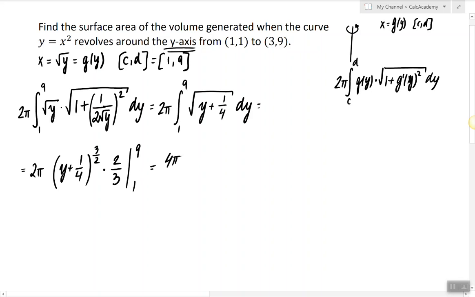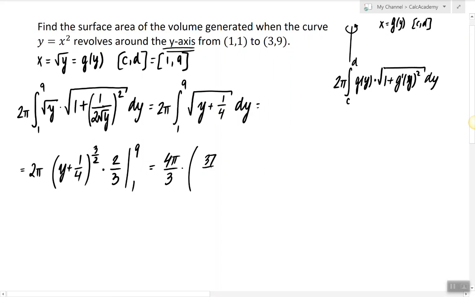So we have 4 pi over 3 here, plugging in 9, that's 37 over 4 to the power 3/2 minus plugging in 1, that's 5/4 to the power 3/2.